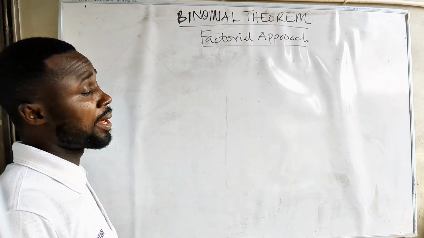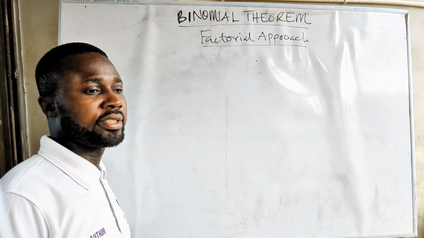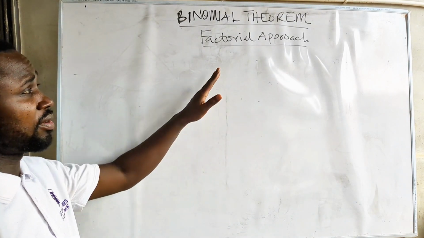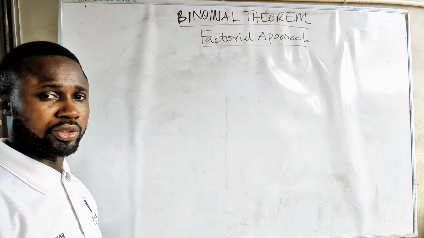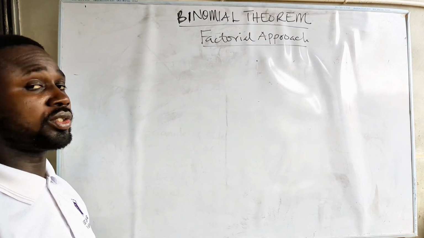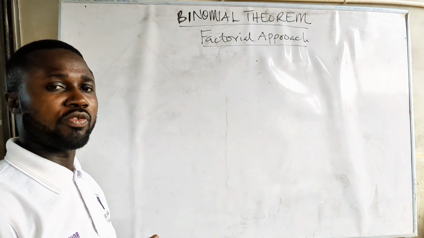We have dealt with the Pascal triangle and then we came to the combination method. This time we are going to the factorial approach. I think the factorial approach will also be so simple for us.